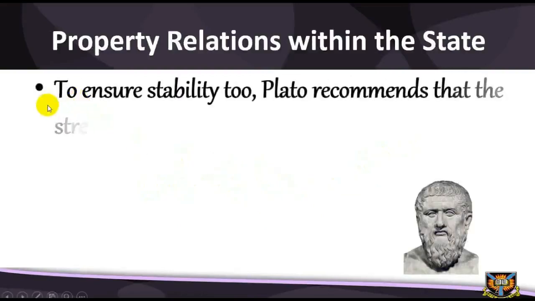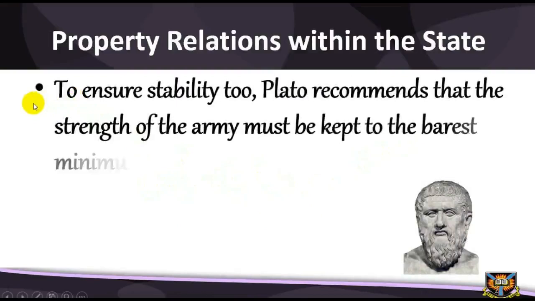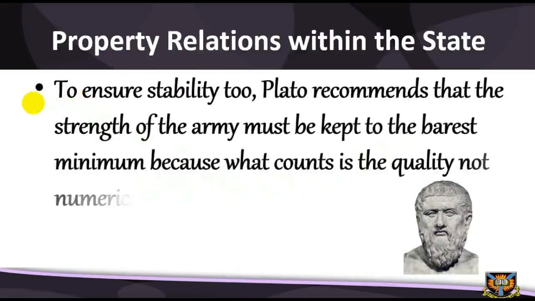For the guardians, it is to avoid corrupting their soul, while for the soldiers, it is to stop them from posing a threat to the stability of the state. By these facts, Plato seems to have recognized the corrupting influence of private property in the state and its ability to entice soldiers into politics.